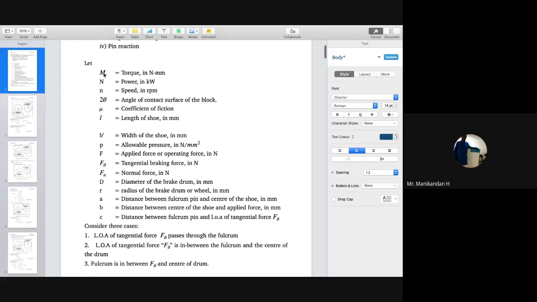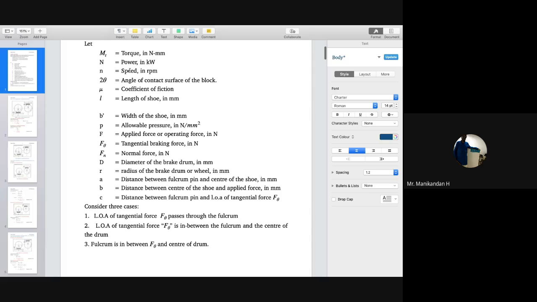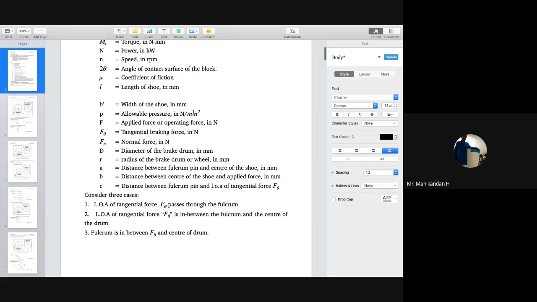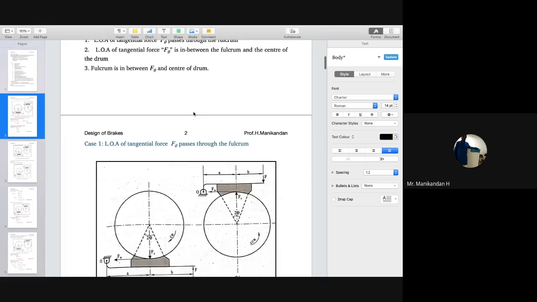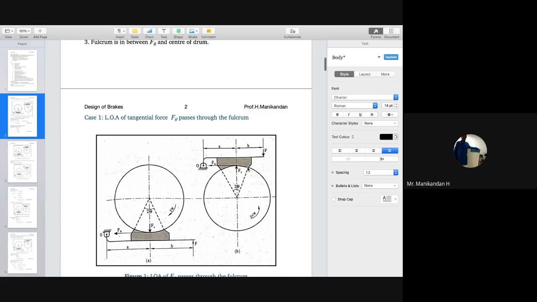Let Mt, as usual, be the torque in Newton millimeter. Capital N is the power in kilowatt. Small n is the speed in RPM. 2 theta is the angle of contact surface of the block. You can see the dotted lines subtended at the center.